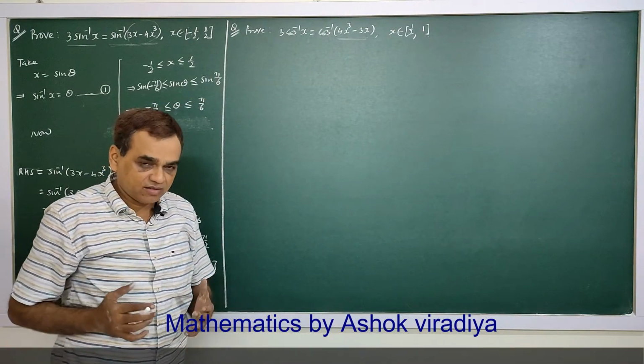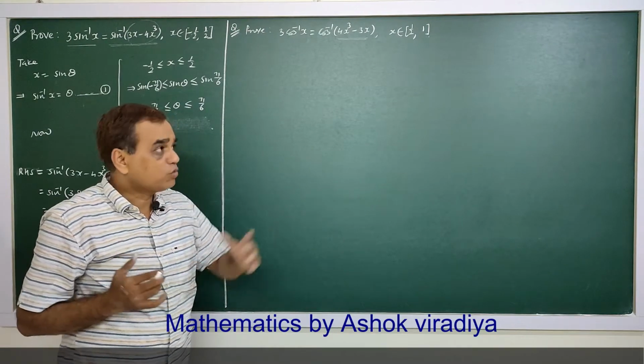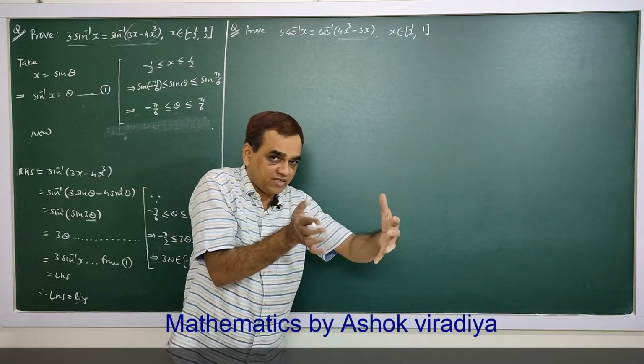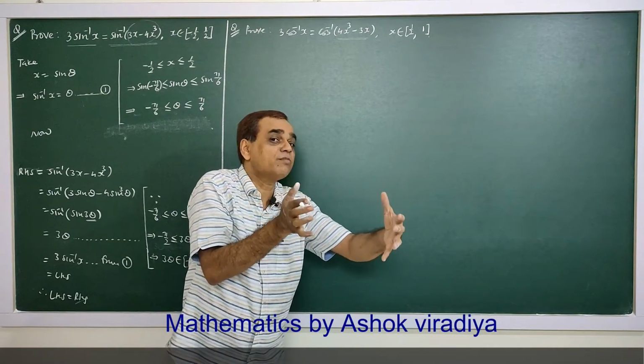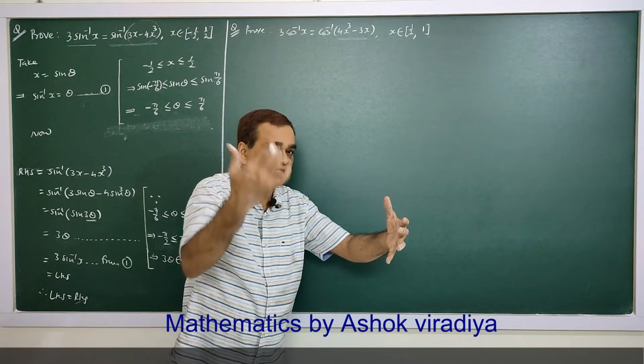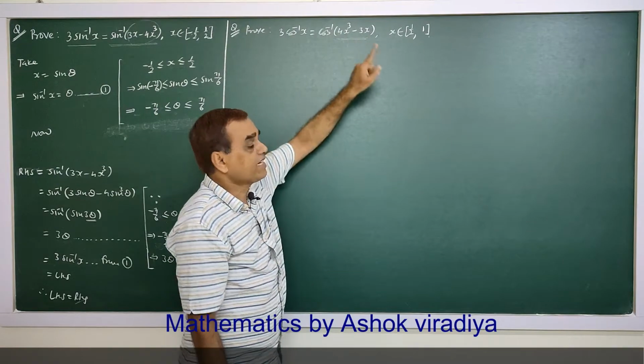In this method, in every problem, the outer will be an inverse function, and the pattern of the inner part will be matched with trigonometric formulas. So here this is matched with 4 cos cube theta minus 3 cos theta.